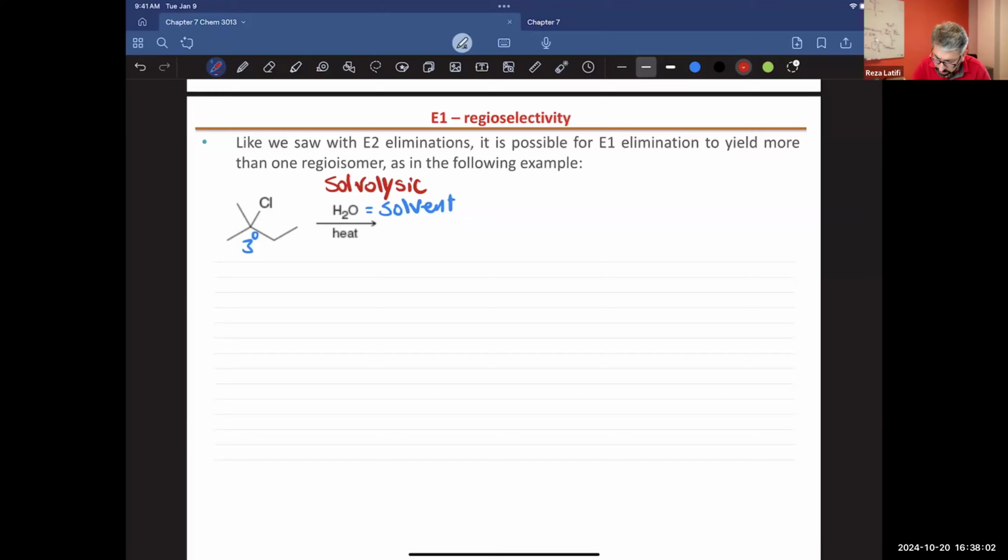Now, what will happen if we lose the halide? We get a carbocation that is a tertiary carbocation, and if this one goes through elimination, we can have two products. Here we have hydrogens that are identical; those two hydrogens are identical.